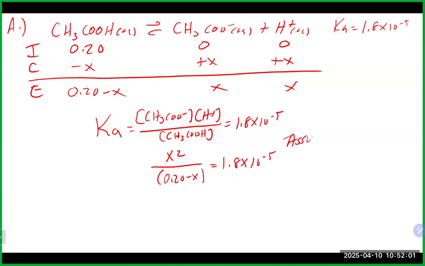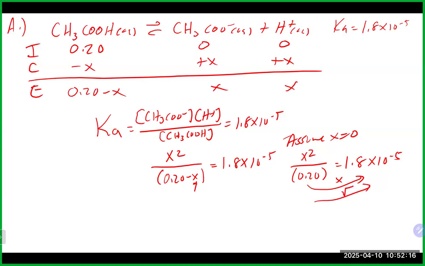We're going to assume x is approximately equal to 0 here, so that will get rid of this x. That will give us x squared divided by 0.2 equals 1.8 times 10 to the minus 5. We're going to multiply and then square root.